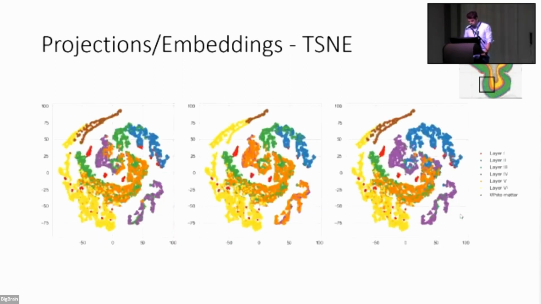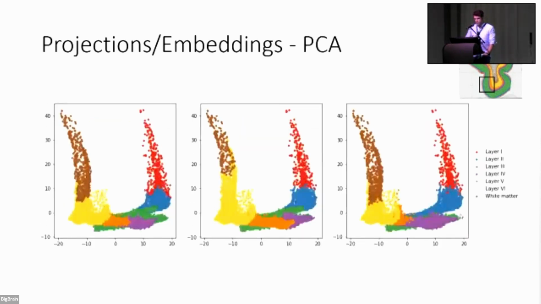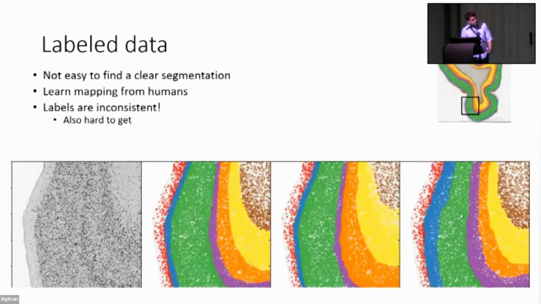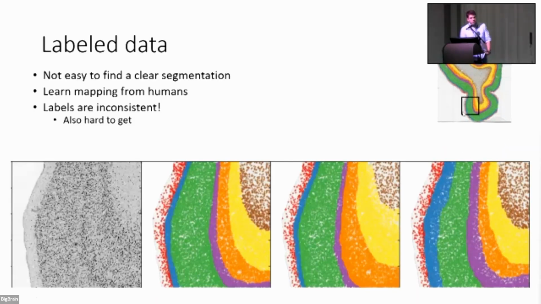So this was PCA, this was t-SNE, and this is UMAP for each of 3 raters. What's important to say is that we have 3 different raters who labeled this part of the section, let me show you, 2 from Croatia and 1 from the MNI.